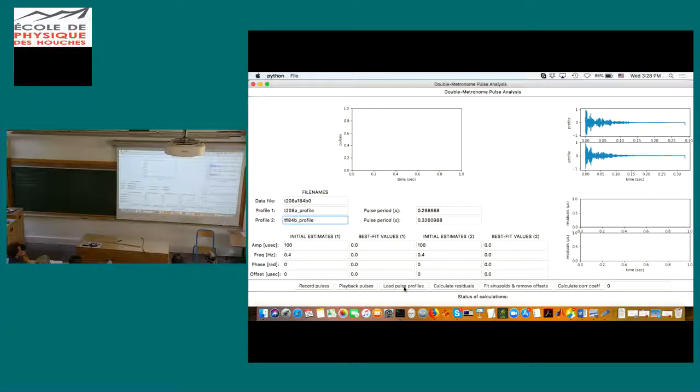So now I'm going to record the pulses. So this is the complicated thing. So it requires a lot of skill here. Okay. So I'm going to hit the record button, and then I'm just going to move it around in a circle like this. It takes 8 seconds of data. So here I go.